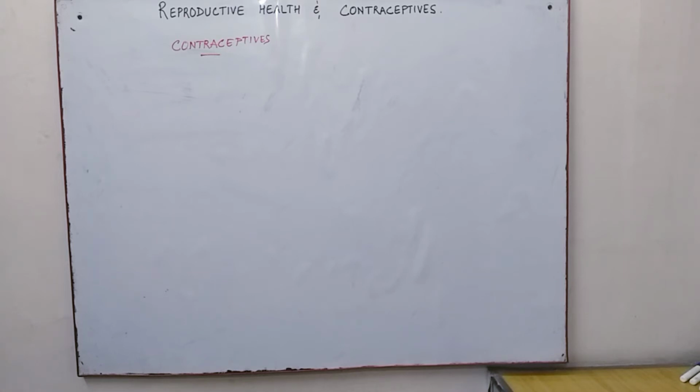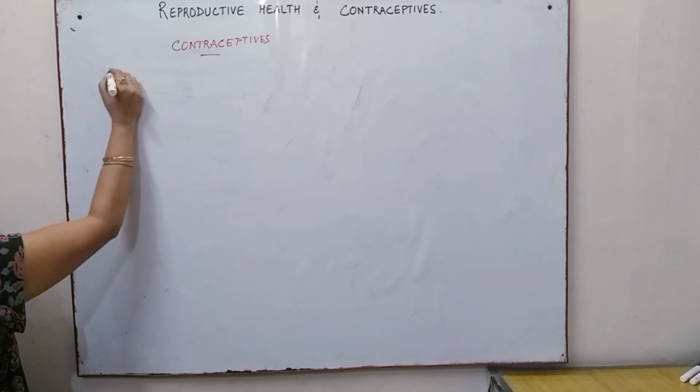It can be for various reasons. That means if a couple does not want to have a baby, or wants to maintain a gap between babies, then these methods are highly useful. Now, when we talk of contraceptives, what is an ideal contraceptive?